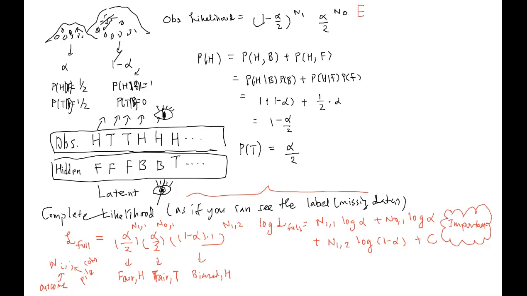So pay attention to how you think about writing down the full likelihood model. Imagine that you can see the missing labels. Don't worry that you can't actually observe them, because you're going to take a conditional expectation to find out. Just think of it as if it is there, and then write it down.